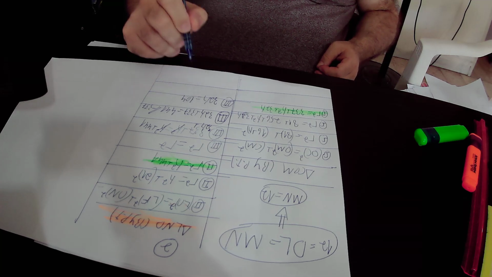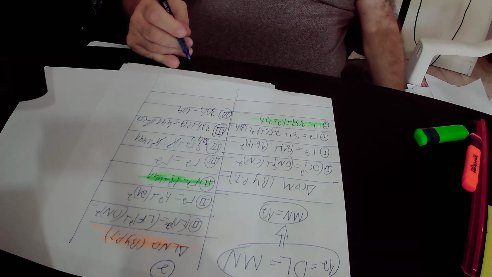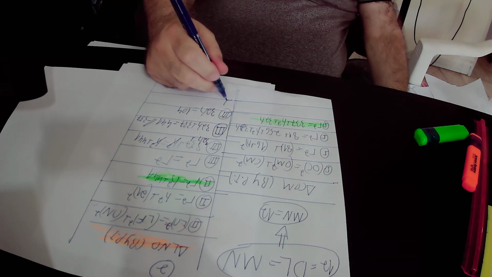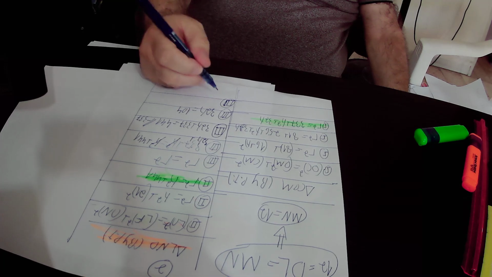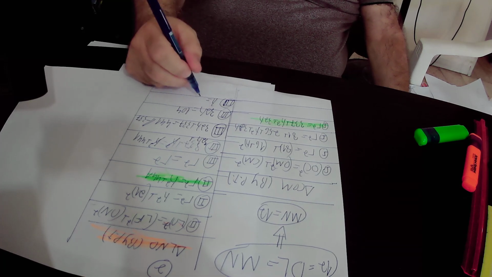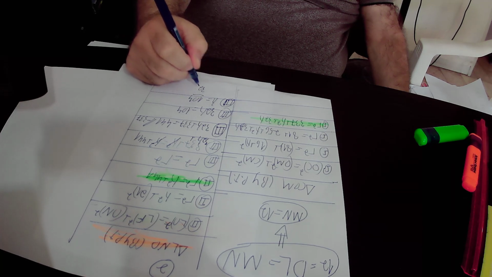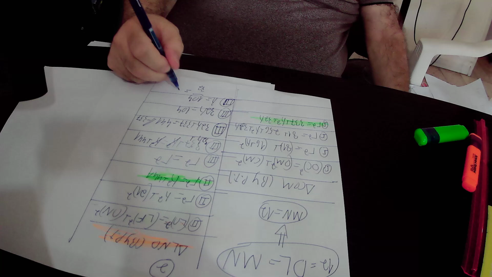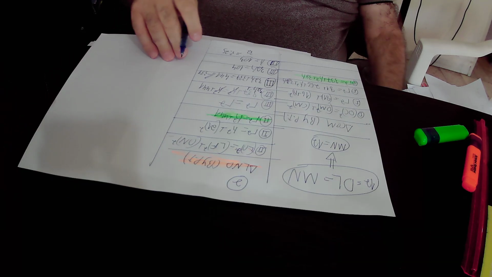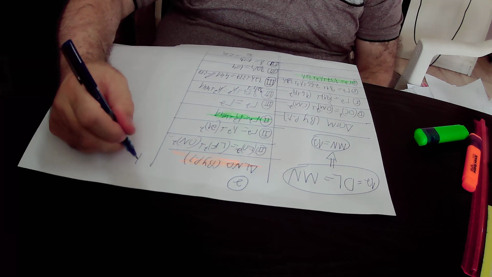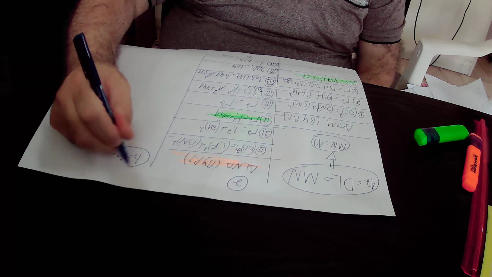So 32H equals 104. Here we divide this equation by 32, and we get that h equals 104 over 32. 104 over 32 is 3.25 units. So in conclusion, we found out that h equals 3.25 units.